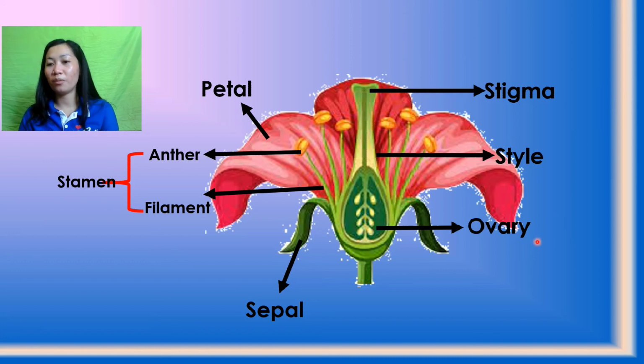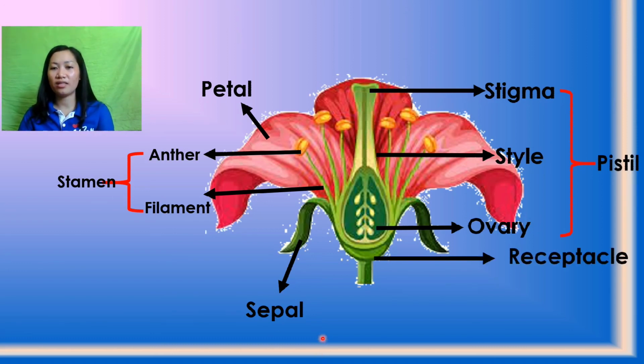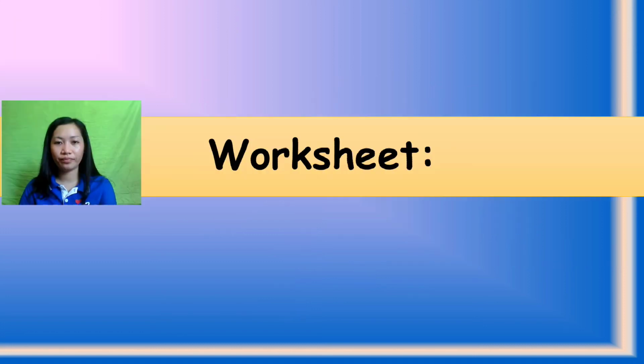It's the female reproductive part of a flowering plant. It's the pistil. Very good. And now the receptacle, the base of a flower, wherein all the parts of the flower are being attached.